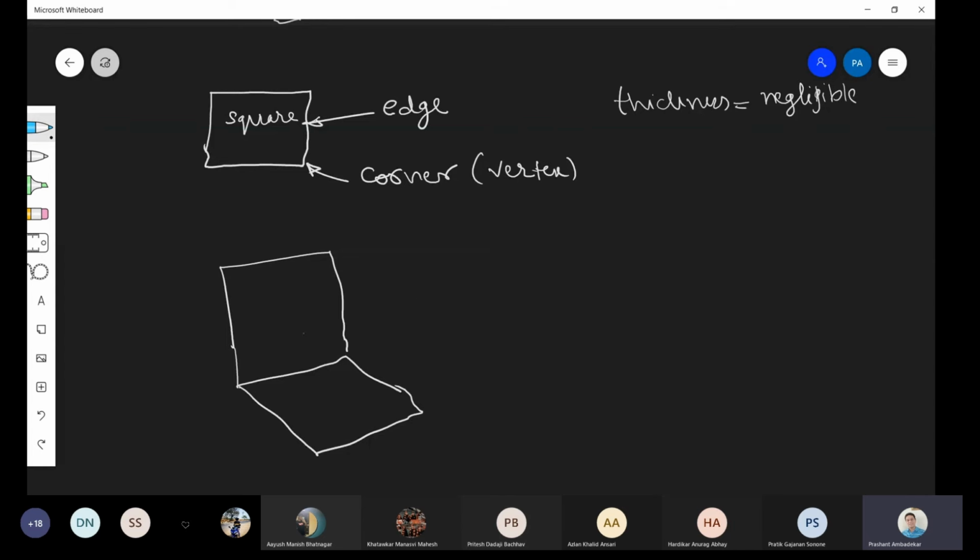The first quadrant is something like this, and in this first quadrant, if I hold the plane like this, it is at this distance from the VP, and this is the distance from the HP.